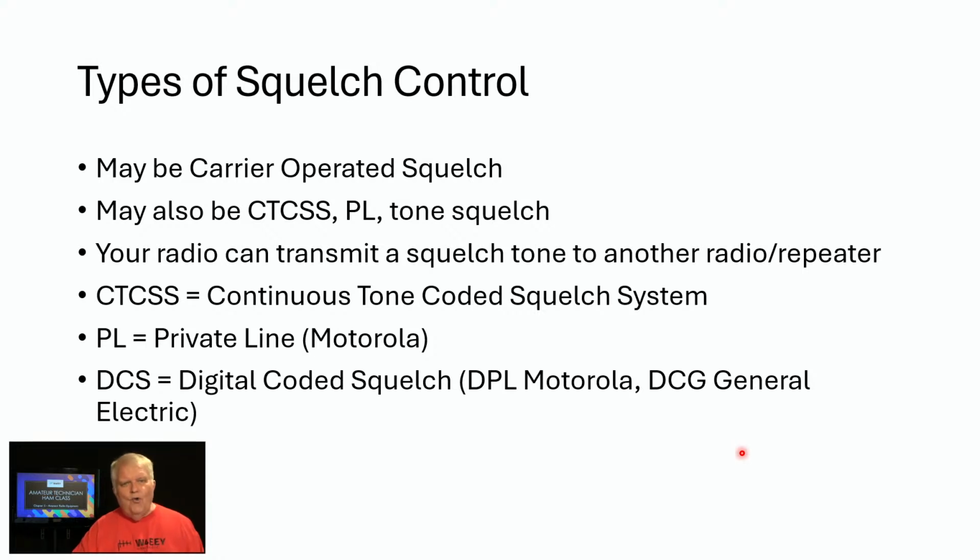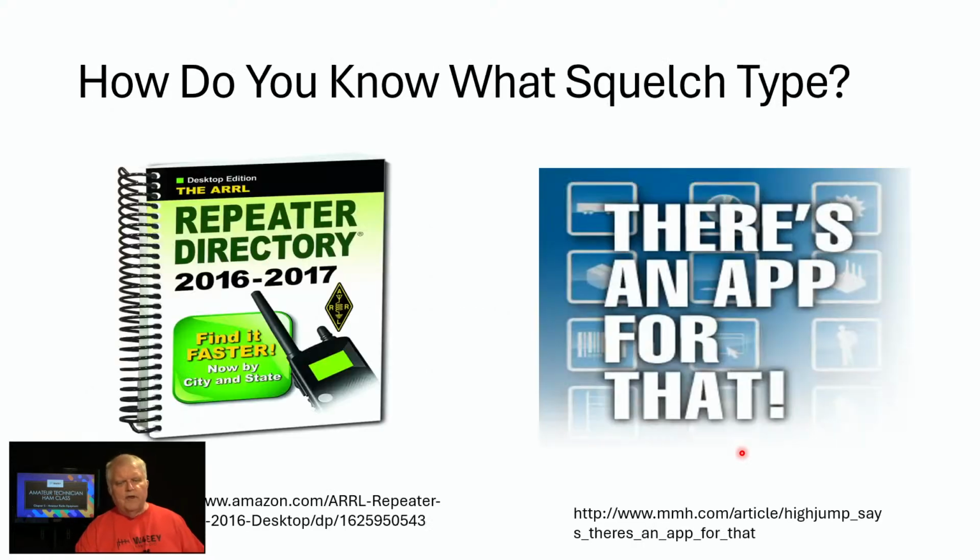How do you know where to tune your radio and to what frequencies and what kind of squelch? Repeater directories. The American Radio Relay League sells a book that you can buy that has all of the radio repeaters in the United States. There's also an app for that as well.